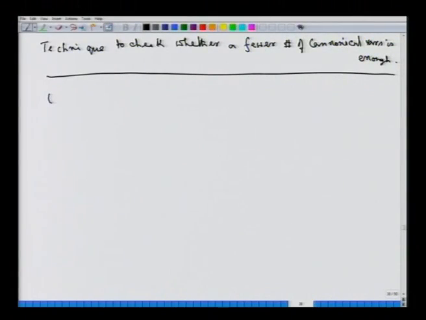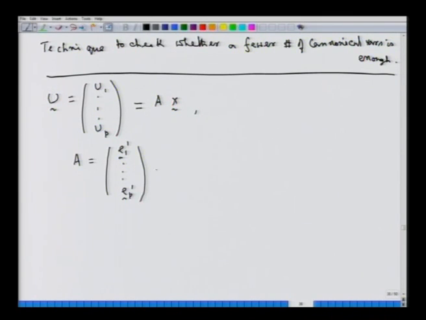Now, when we defined these canonical variables, u1, u2, up, we were not actually working with the standardized variables, and hence I am just writing this as Ax. Working with standardized variables is once again not difficult; it just follows from these calculations. So, that was given by A times x, wherein we had obtained A as E1 prime, E2 prime, EP prime, times sigma 1 1 to the power minus half.